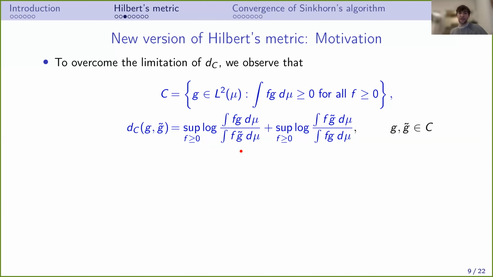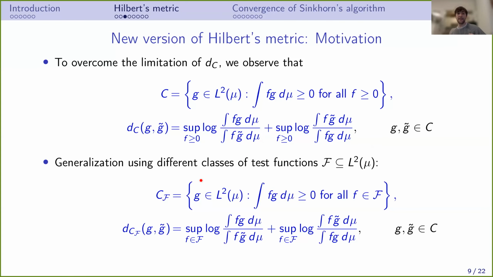So again, this is just a way of rewriting this cone C and the corresponding Hilbert metric. And the reason this is intuitively interesting is because we see here that the definition depends on some set of test functions. So we can also replace this by different test functions.